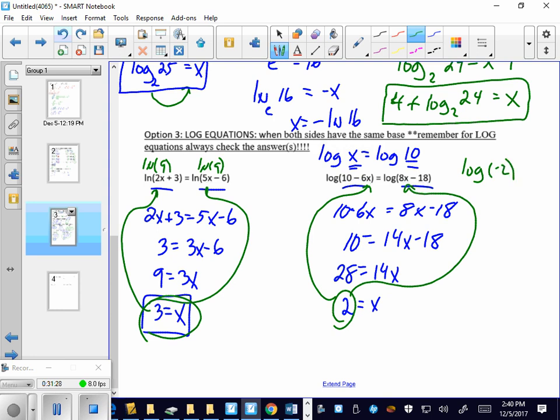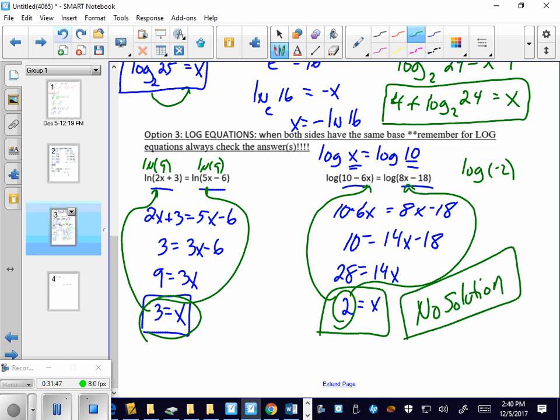You cannot take the log of a negative number. The domain of a log is x has to be greater than 0. Negative 2 is not greater than 0. What that tells me, even though it looks like I got a solution here, is that there is actually no solution to this problem, because I cannot take the log of a negative number.